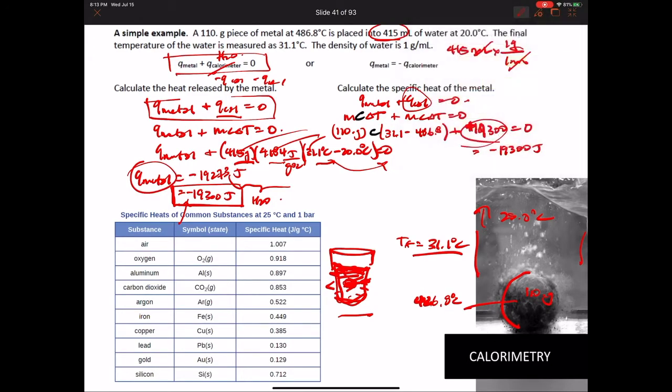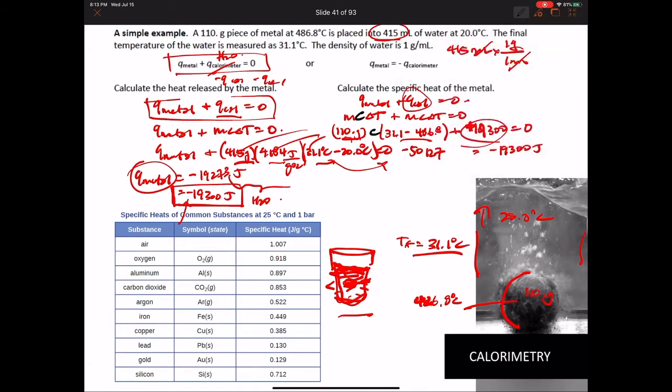All right. So 31.1 minus 486.8 equals negative 455.7 times 110. It's the mass of the metal. So this and this give me negative 50127.